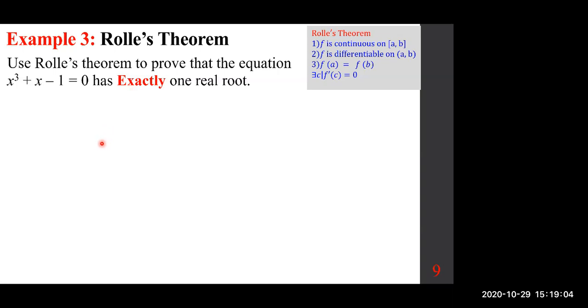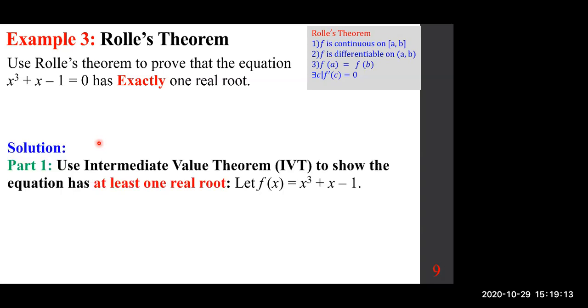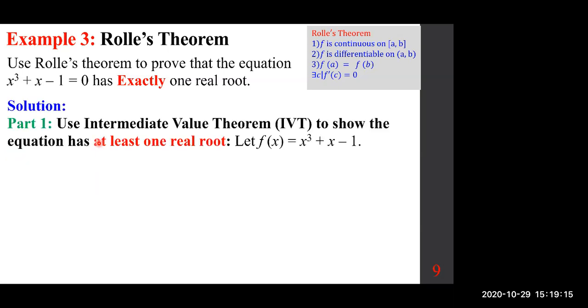I hope you remember the intermediate value theorem. It says there is at least one root if we could figure out values such that this function is positive and negative, so 0 will be in between. And this is by inspection.